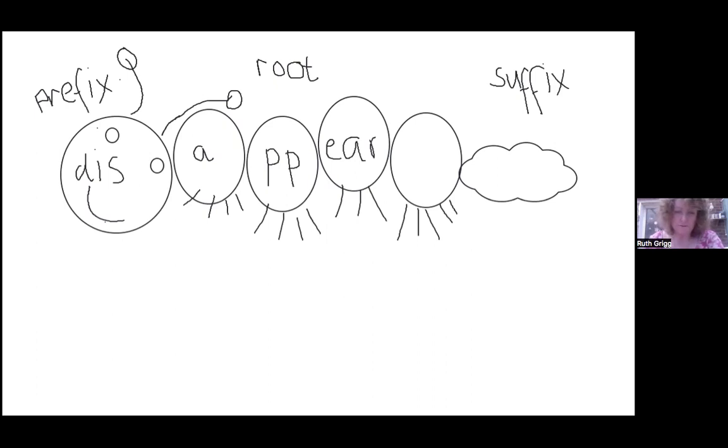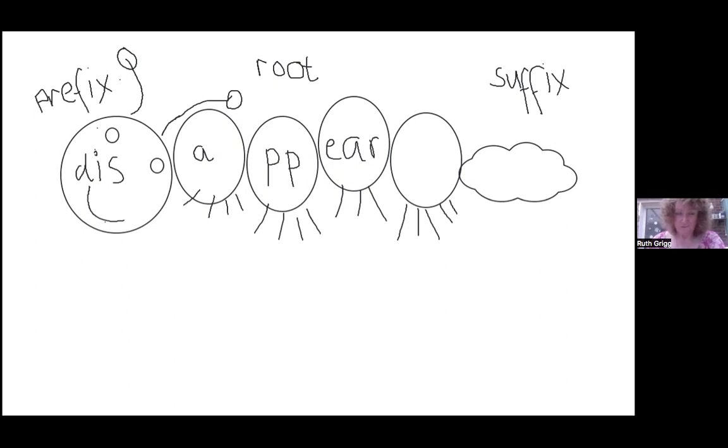Okay. So you know what appear means? When somebody or something comes and they appear there in front of you, or they appear on the screen. But to disappear is the opposite, isn't it? It means to not appear or to go the other way. So they're disappearing, they've gone out of sight. Appear is coming into sight, disappear is going out of sight.